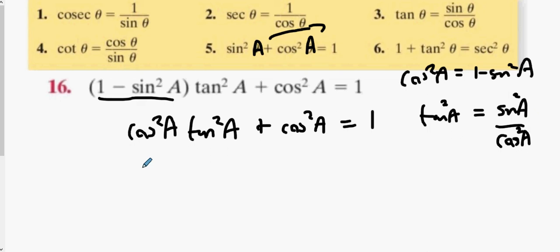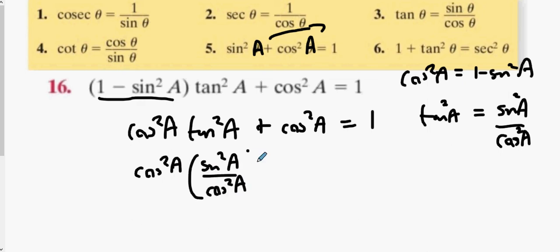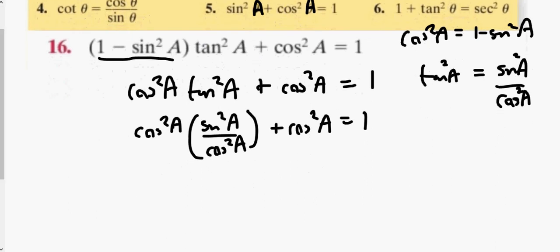So I can say that that's cos squared A multiplied by sine squared A over cos squared A. Is that okay with you guys? Now what can we say next? Cancelled. And what's left over? Which is rule 5, so 1 equals 1.